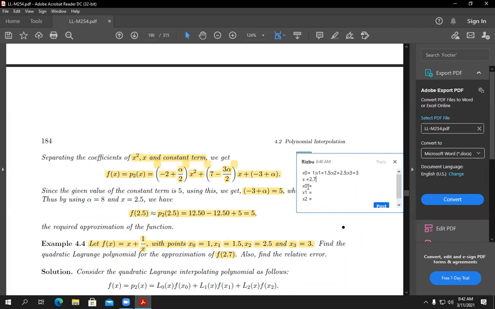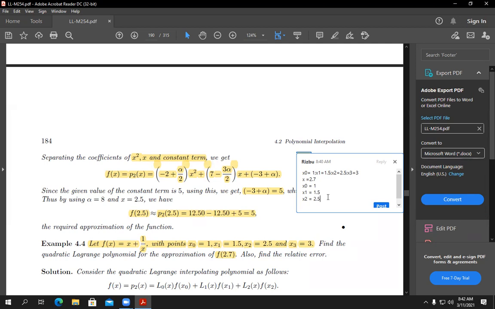For this example, a student directly says we need x0, x1 and x2 and uses the values given by the teacher: x0 is equal to 1, this is 1.5 and this is 2.5. Are these points correct or not?